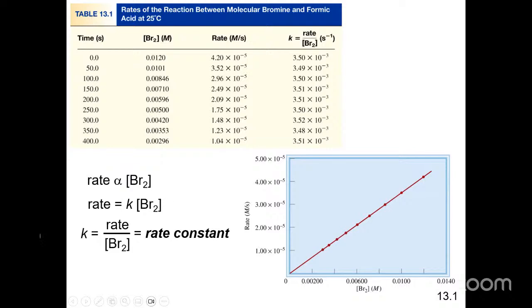But this is just one example where the rate is directly proportional to the concentration of bromine. Okay, so that is that. This is just giving you the value, which I think is maybe the average of these, or you can get it from the slope of this line, same difference.